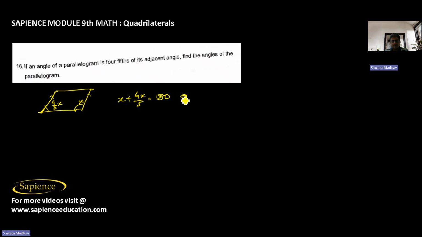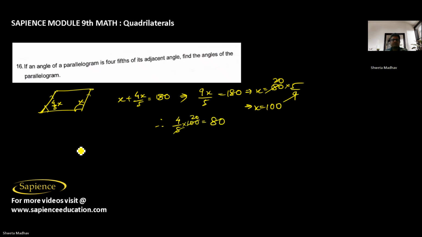Therefore, if we take the LCM, this will be 9x by 5 equal to 180. So x will be equal to 180 into 5 by 9, so x will be equal to 100. Therefore angle 4 by 5x is 4 by 5 into 100, which is equal to 80.